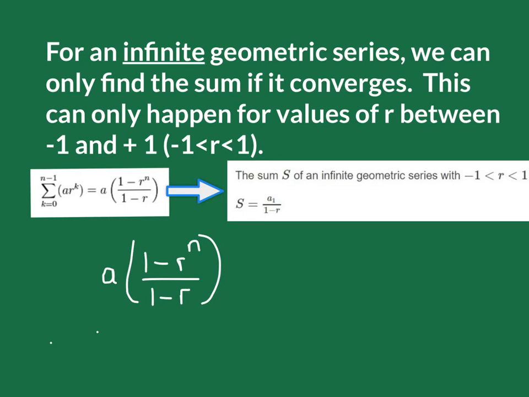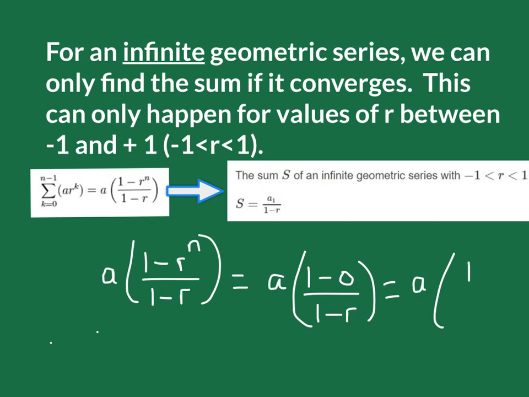If we make that an infinite number of multiplications, then that is going to become really, really close to 0. So that's going to make the numerator just equal to 1 minus 0, and then we have the 1 minus r on the bottom. Our formula in this case will simplify to a times 1 over 1 minus r whenever you're asked to find the sum of an infinite geometric series.